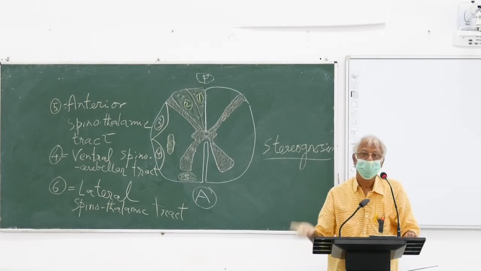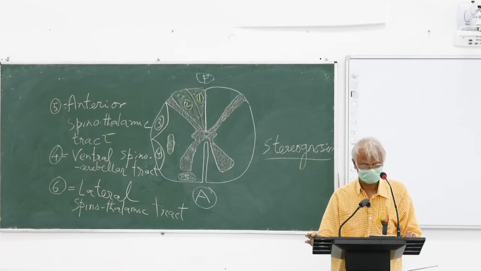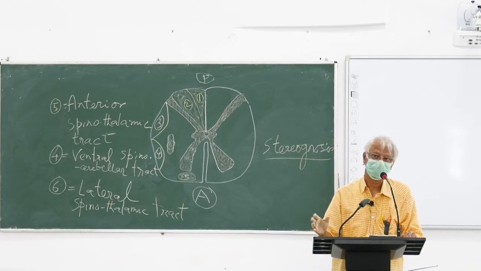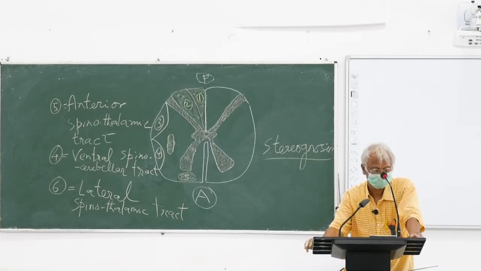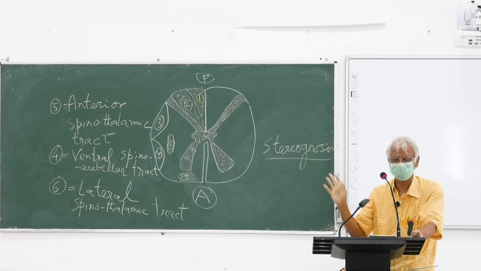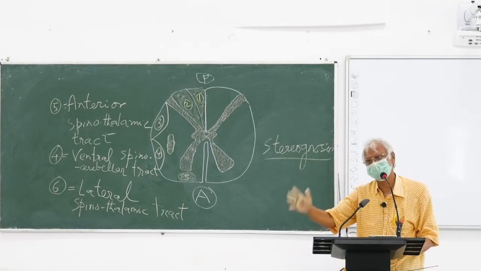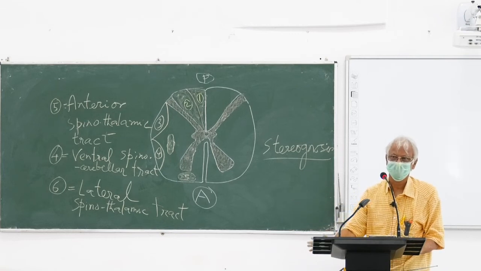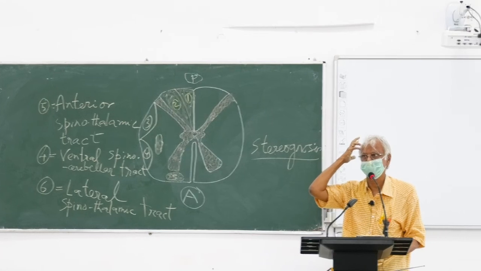It gives the afferent sensation, the sensory aspect, while the motor aspect is by the motor nerves or descending fibers. So remember this, not many, only 6. Fasciculus gracilis, fasciculus cuneatus, both make the posterior spinothalamic tract.